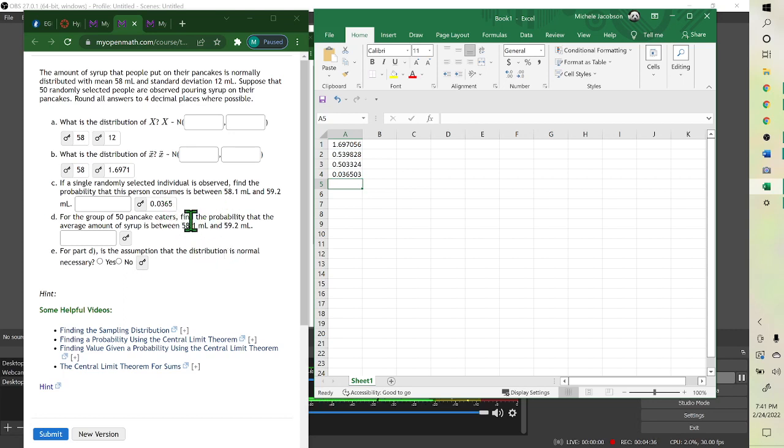We need to do the same thing for this one, except the standard deviation, because this is for the group of 50 pancake eaters. So you use part B. You use 58 and the 1.6971. Now what you could do is click on the first one, because the numbers are the same, 59.2, and we just need to change the 12 to a 1.6971.